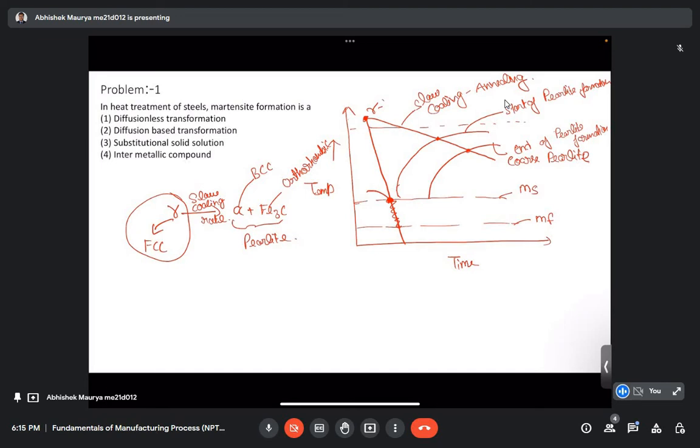Here the martensite transformation will start taking place, and further as time passes, the whole gamma will convert into martensite. And this is faster cooling.